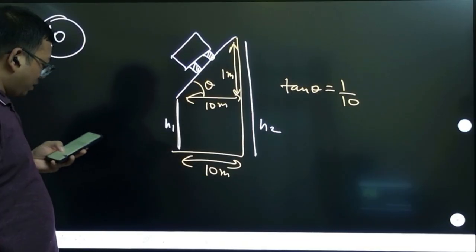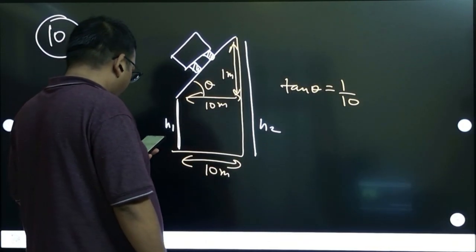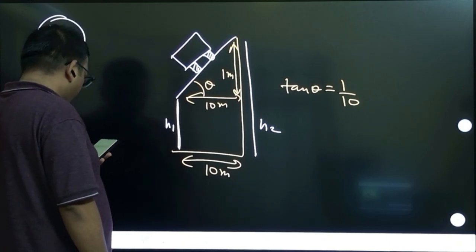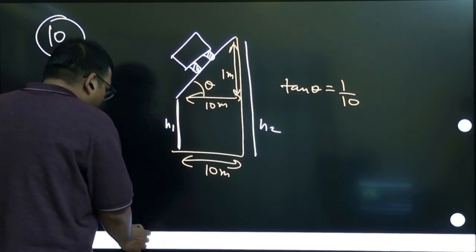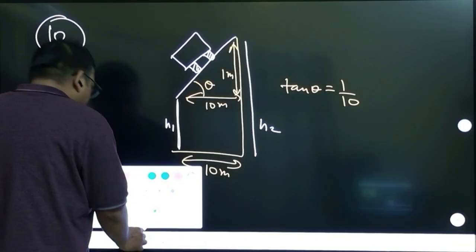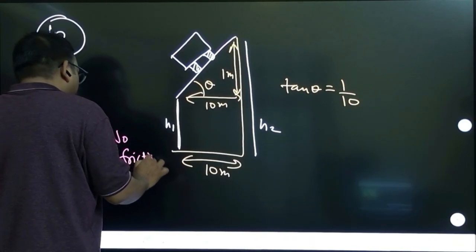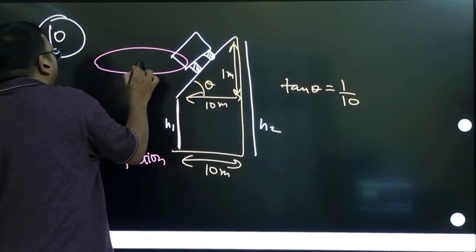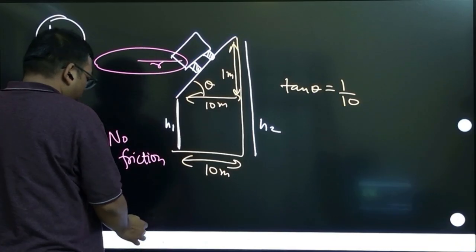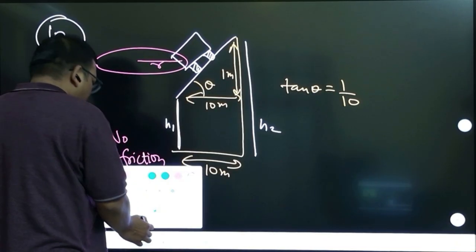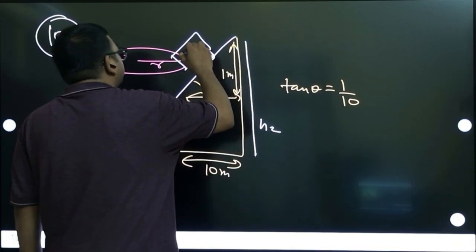Then they are saying, what is the optimum speed for the car to negotiate the curve without relying on friction? That means you do not consider friction. Let us consider no friction, and you are going in a circle of radius r. Now there is a direct relation already we have derived, but if you want you can derive.